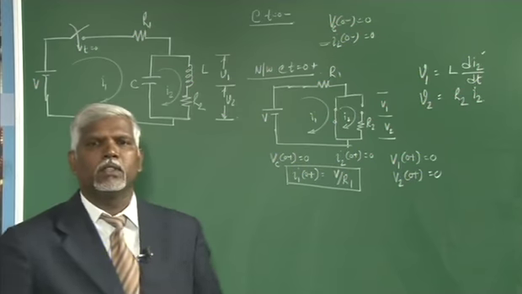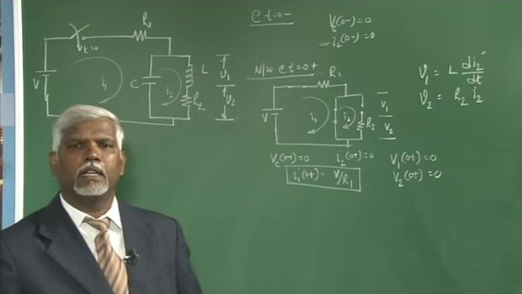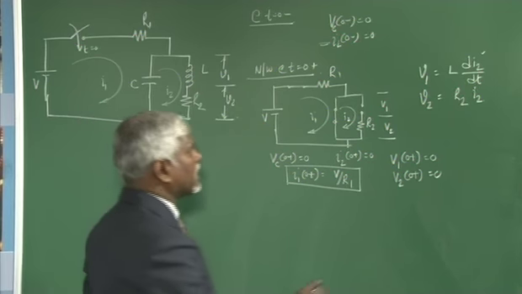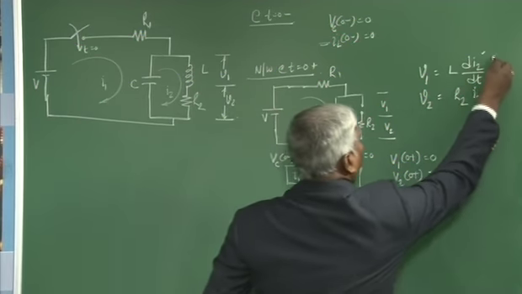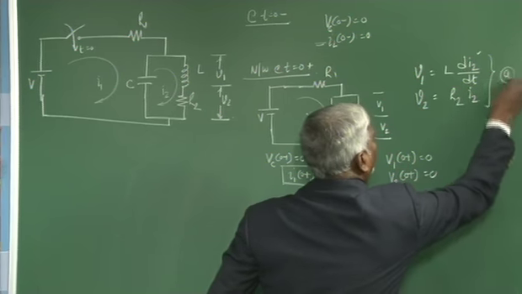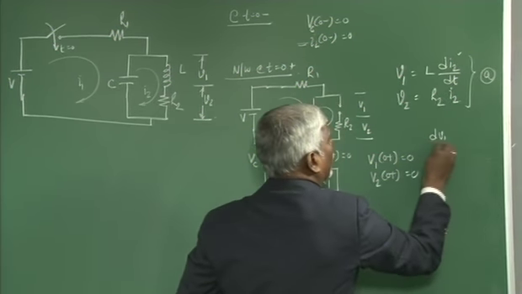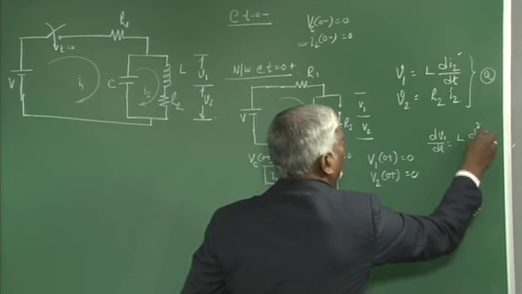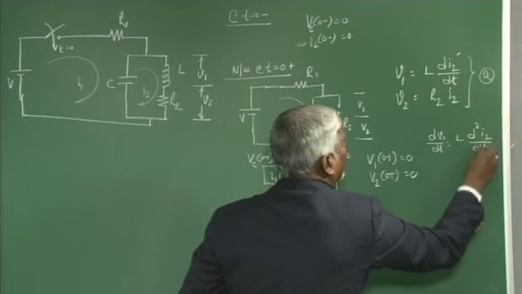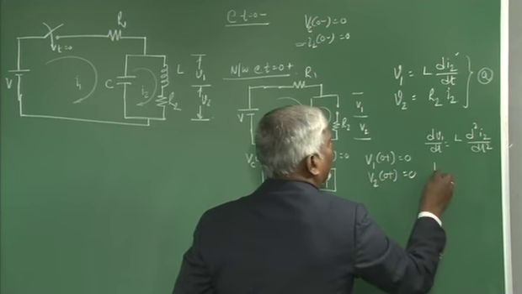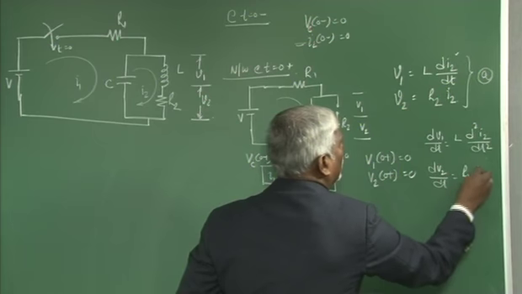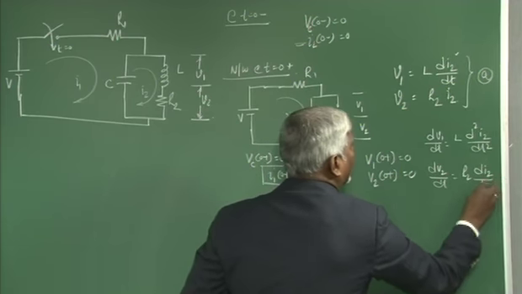The next one is V1 and V2 at t equal to infinity. We will take it up later. We will now see what dV1 by dt is from the equations. The derivative dV1 by dt is L d squared I2 by dt squared, and dV2 by dt is R2 di2 by dt.